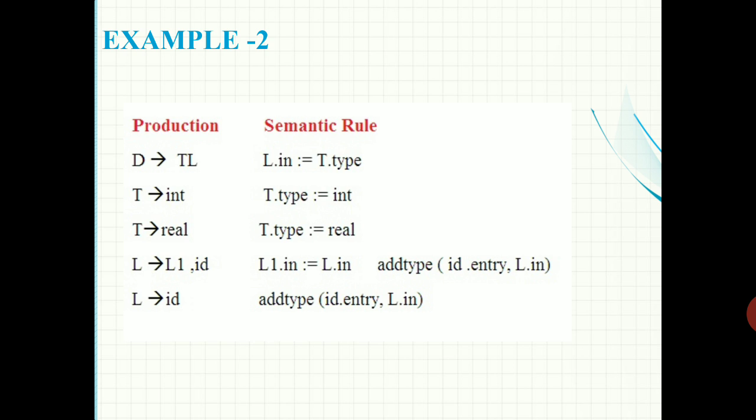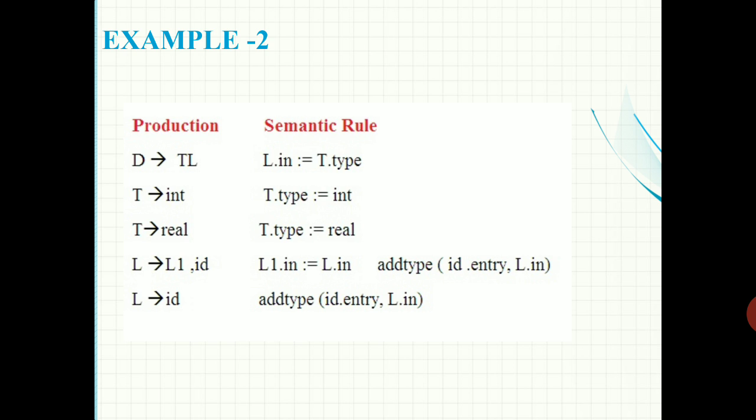First there are two attributes: the first one is in and the second one is type. We are going to identify which type these attributes are. The semantic rule in the first production is L.in = T.type. So L.in is evaluated from its left sibling.